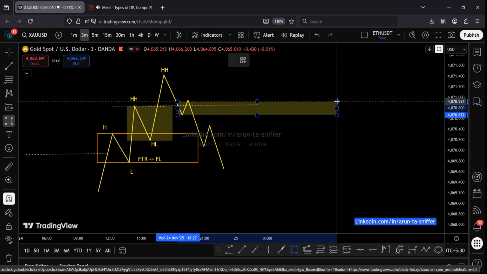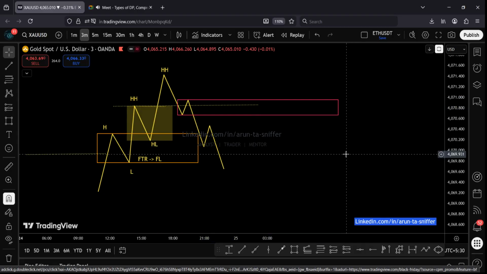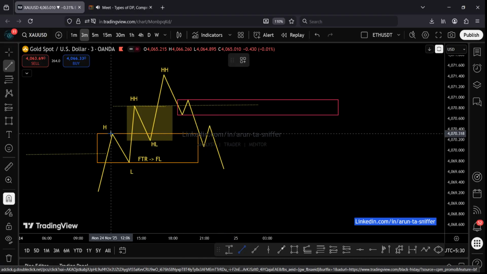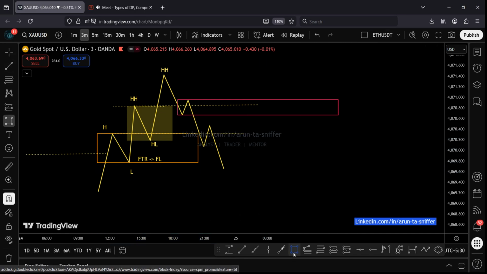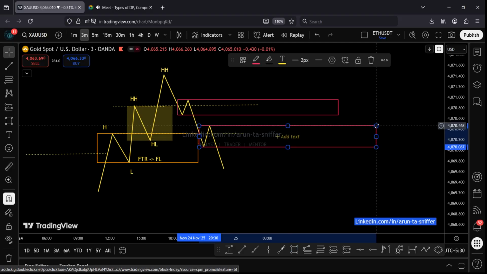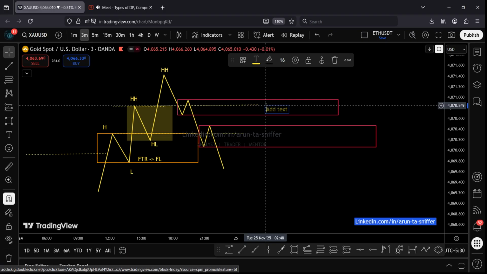One LSK is here, and another one is here, and another one is here. We also call this DP: LSK or DP, LSK or DP.